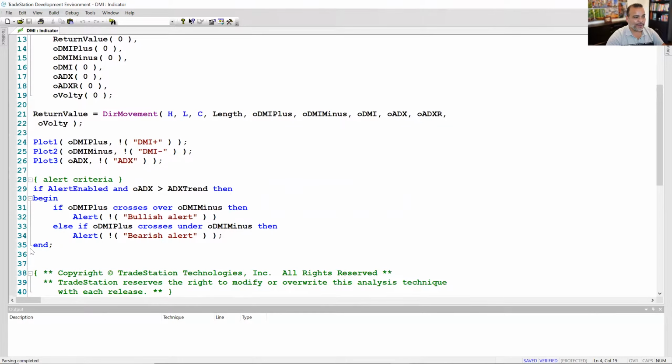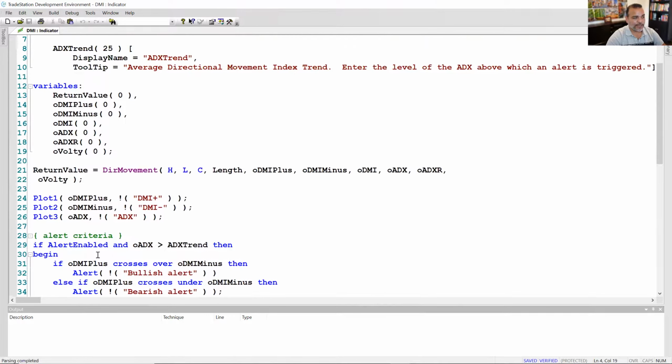It's only about 35 lines of code because it references a function that is named directional movement. The whole DMI indicator relies on that function because this is the function that calculates DMI plus, DMI minus, and it also calculates ADX. So all the calculations are happening inside of the function.